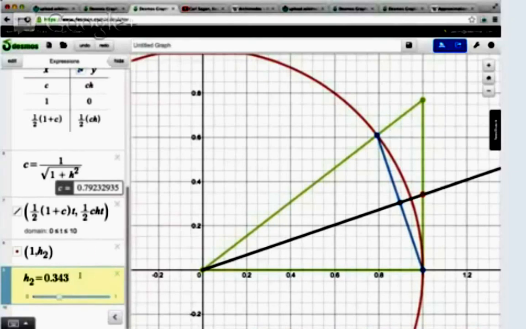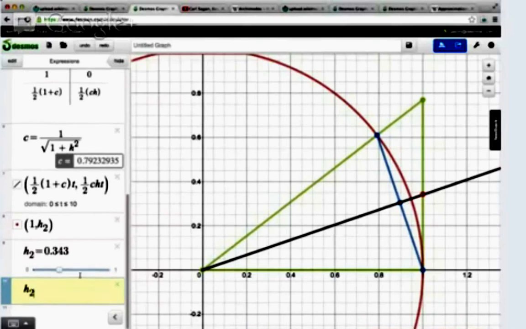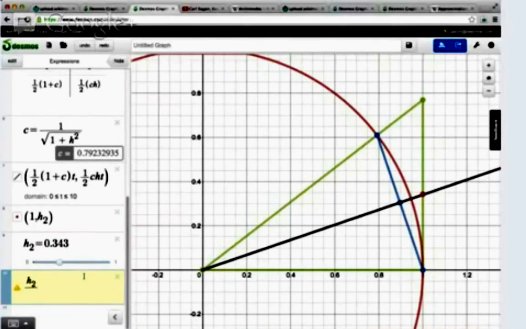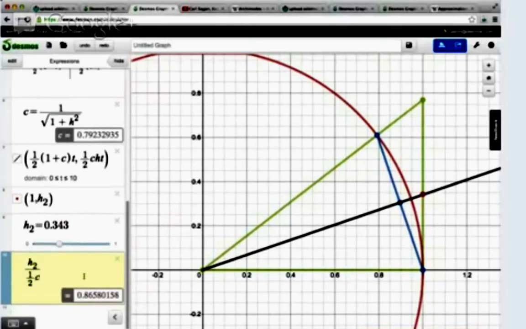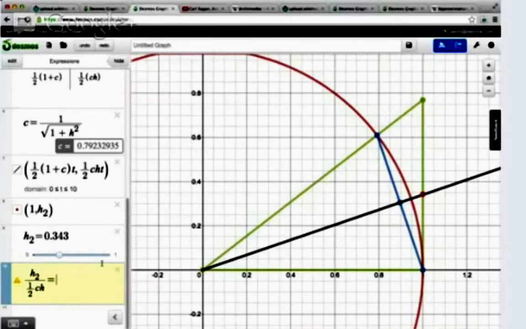So here we're going to use the fact that h2 divided by the height of our midpoint line, which is a half CH, is the same ratio as the base length out to the end of our triangle, which is 1, and the x value of our midpoint, which is half times 1 plus c.